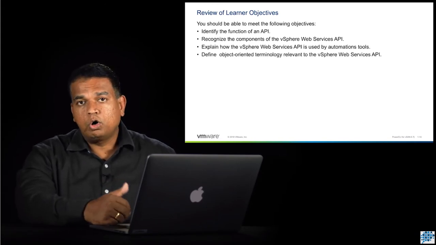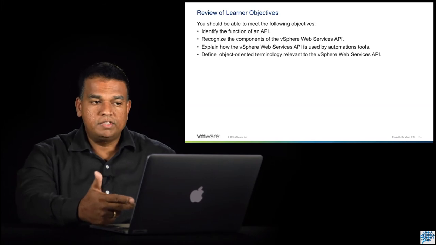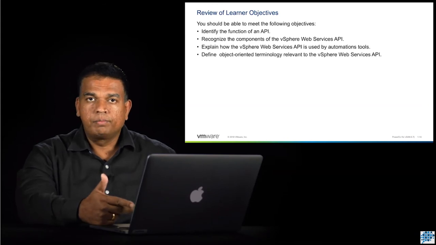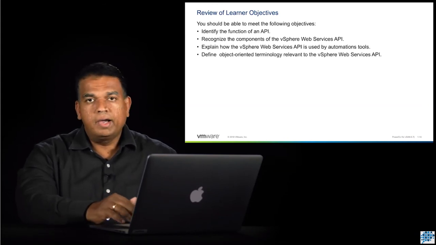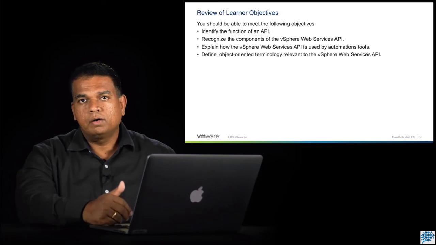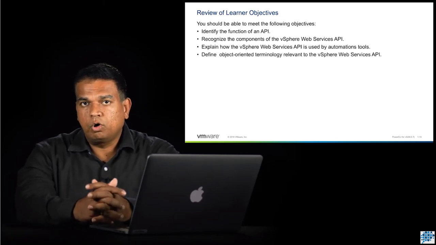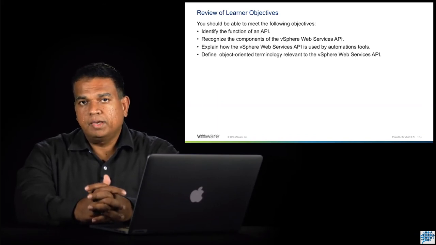We also saw how we can use the vSphere Web Services API with various automation tools like PowerCLI or vRealize Orchestrator. And we also understood a few things about object-oriented programming, or the object-oriented nature of the vSphere API.